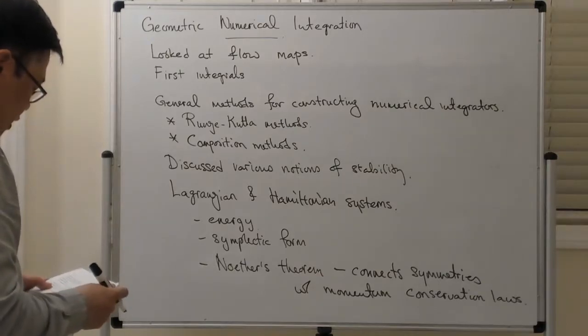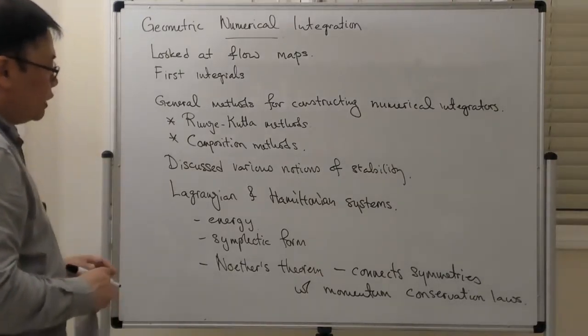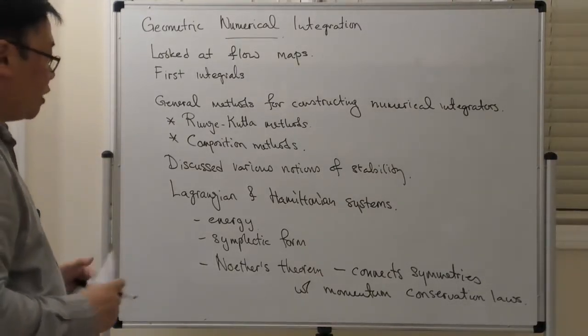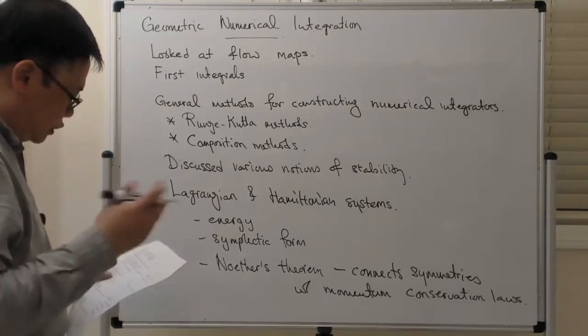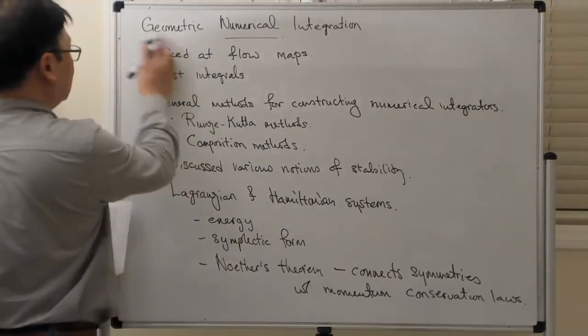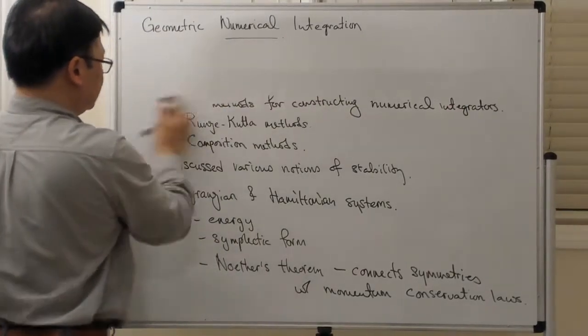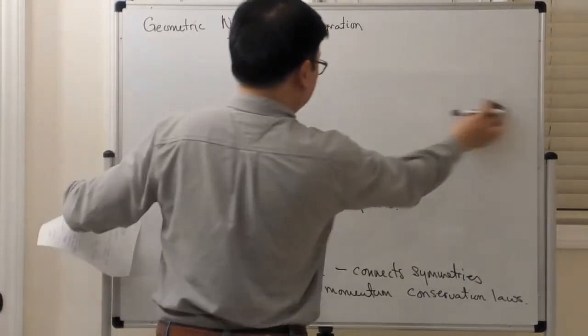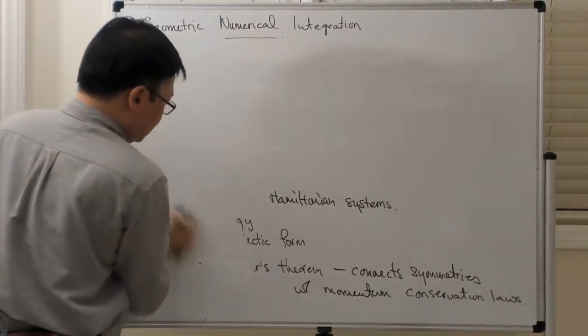Okay, and then we went back to think a little bit about numerical methods which preserved first integrals under discretization, and the simplest examples we started looking at were these kind of projection type methods.